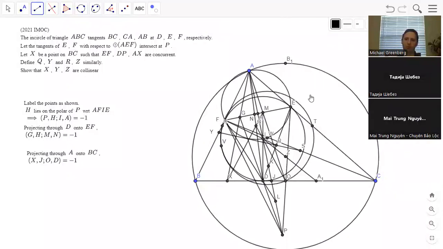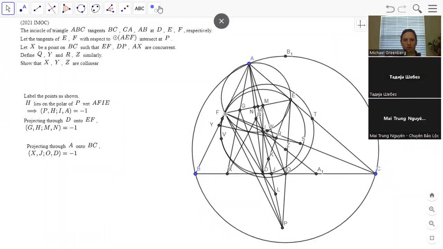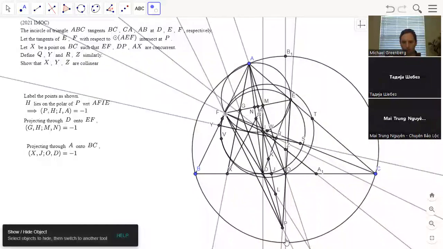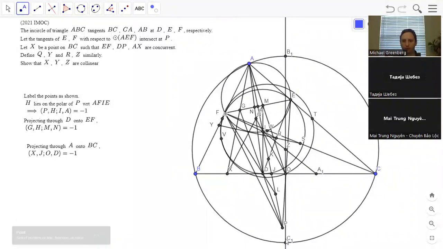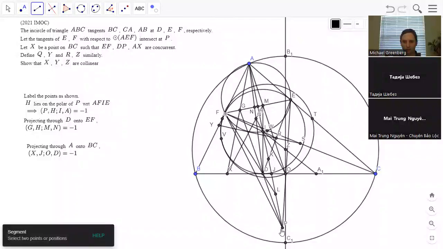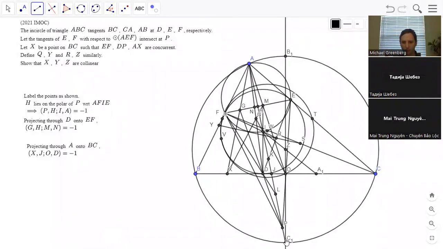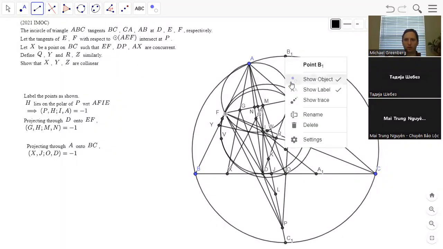Oh, the small arc. So yeah, it's going to lie on AP.